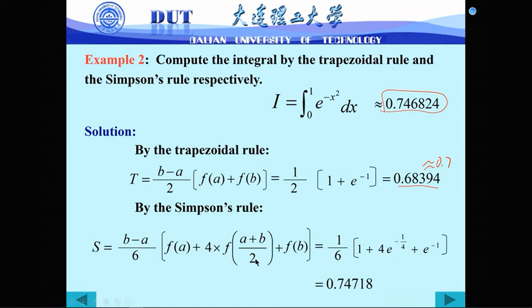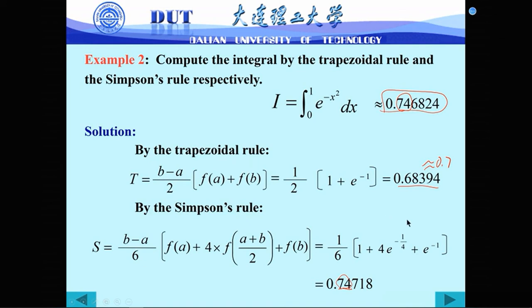It is 1 over 2, right? 1 over 2 squared, so 1 over 4. So e to the power minus 1 over 4 for the exponential function, right? Plus e to the power minus 1. Okay? And you can calculate it as 0.74718. Okay, now you see again, we have 2 significant digits. Yeah, you see? So again, we show the Simpson's rule is better than the trapezoidal rule.